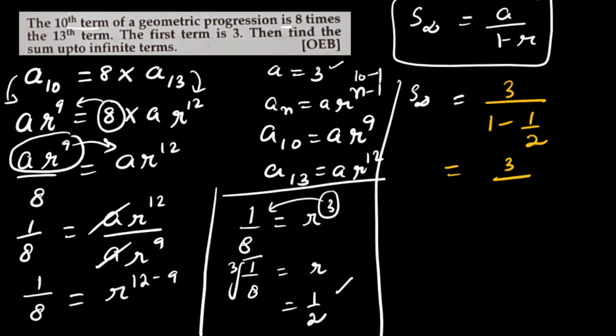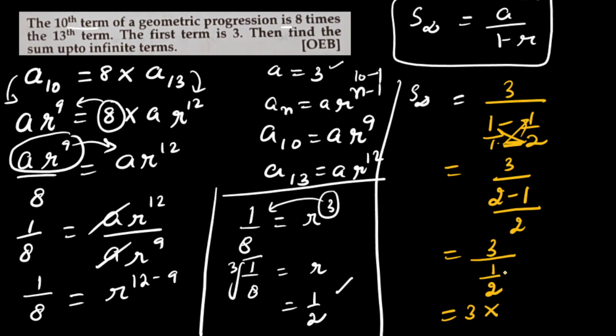When solving fractions we have to take LCM: multiply the denominators, 2 into 1 is 2, then cross multiplication, 2 into 1 is 2 minus 1 into 1 is 1. So this became 3 divided by 1 by 2. Whenever two fractions are divided, write the first fraction as it is, put the sign of multiplication and the reciprocal of the second fraction. So 3 into 2 is 6, 6 by 1 is 6 only.